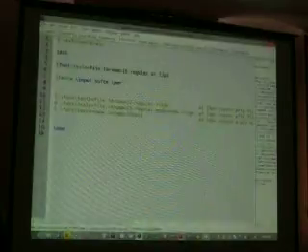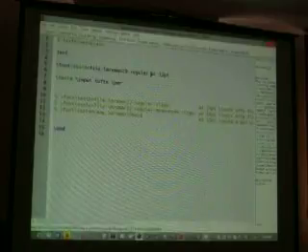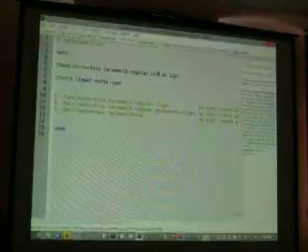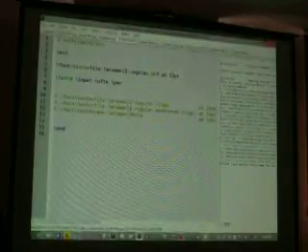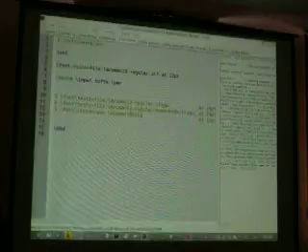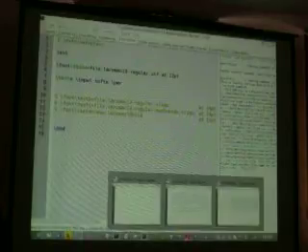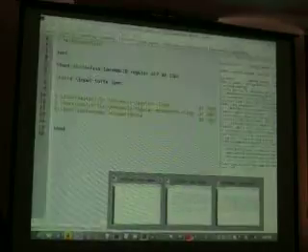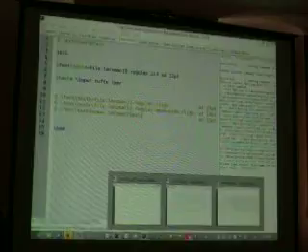Does it have the same name? Maybe it has the same internal name.